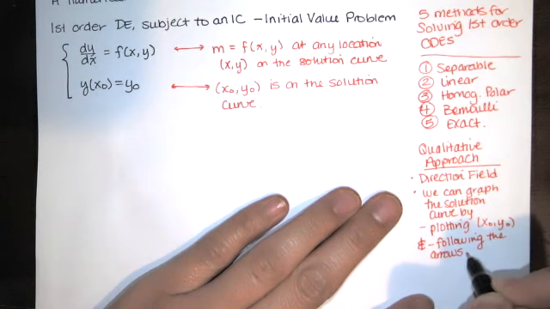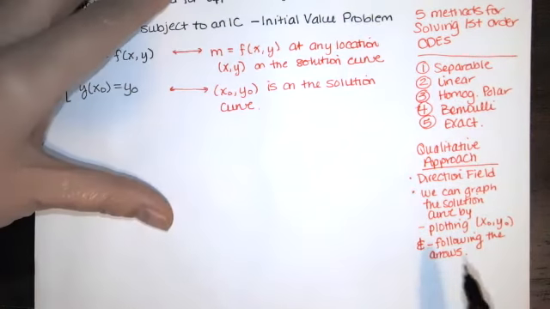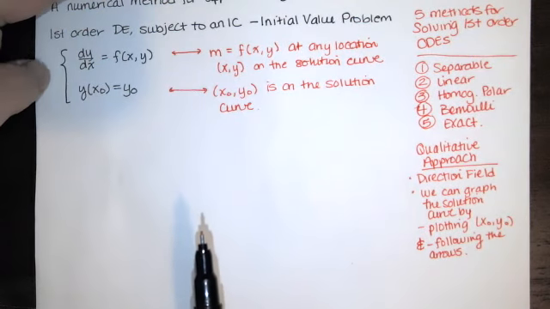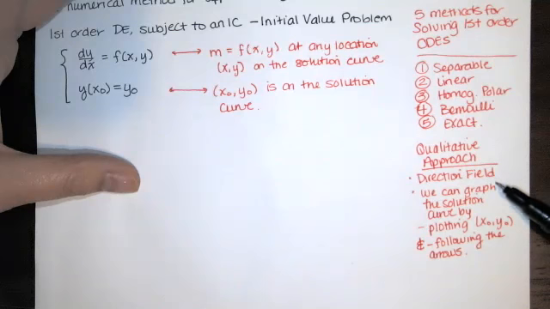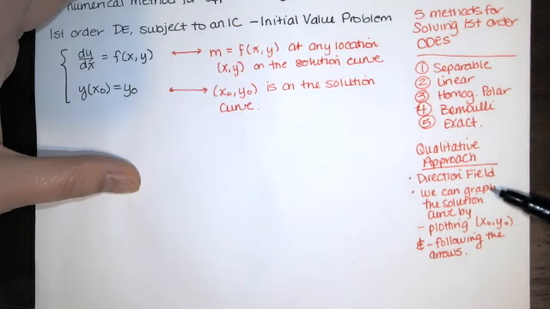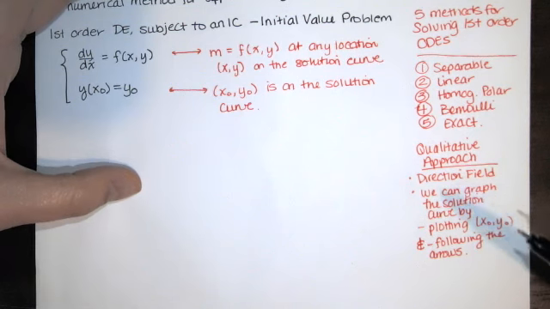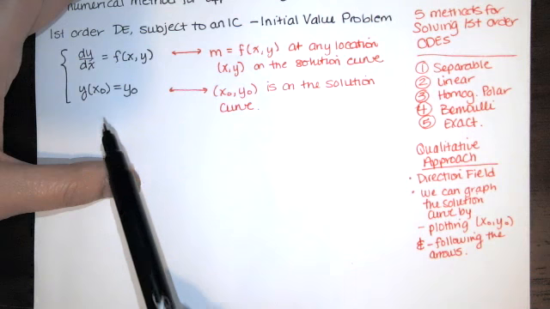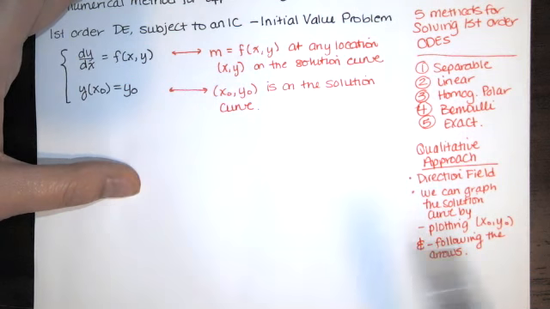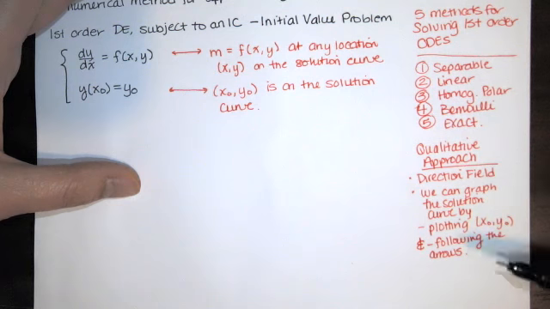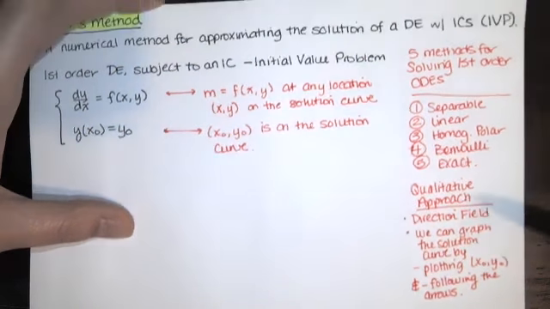Those arrows or vectors have the right slope because they were generated using this right-hand side of the differential equation. So when we do this, we're able to get a graph of that solution even when we can't write down the function y of x that satisfies that differential equation that passes through that point. Even when all of these methods fail, we can visualize a solution using a direction field.